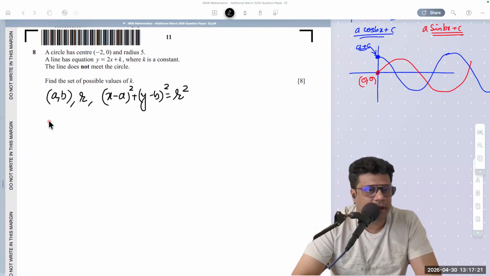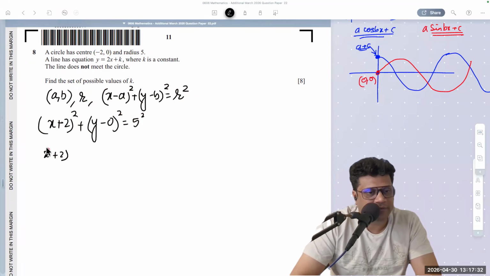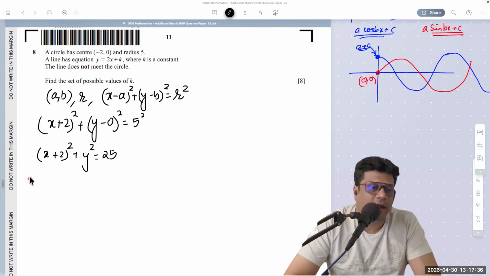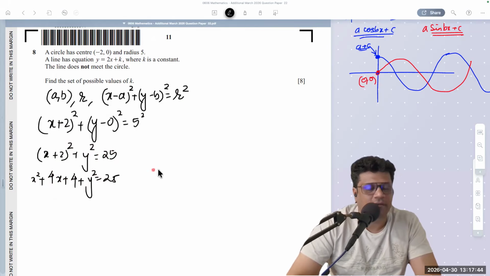Okay, so I know it's going to be x plus 2 squared plus y minus 0 squared equal to 5 squared. So you're looking at x plus 2 squared plus y squared equals 25. And you're looking at x squared plus 4x plus 4 plus y squared equals 25.